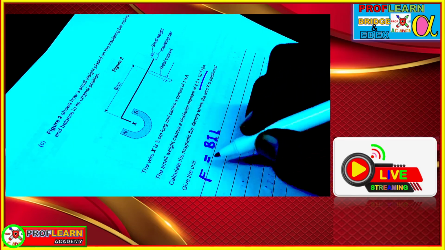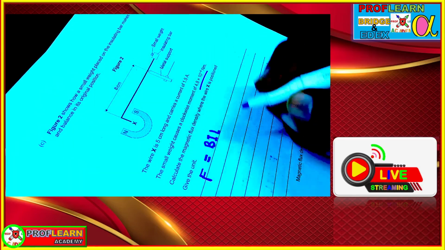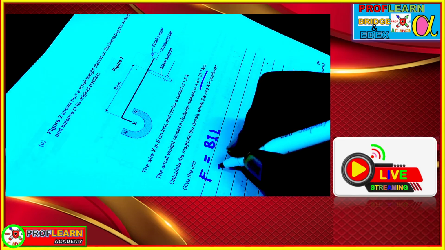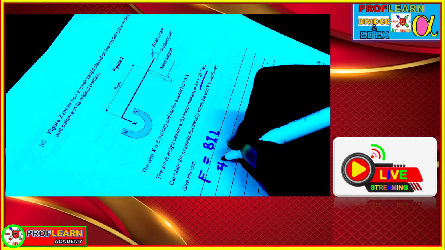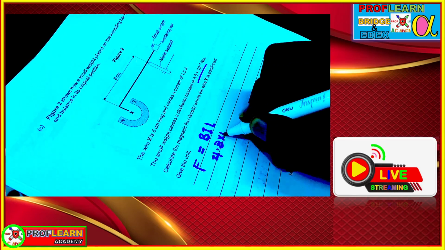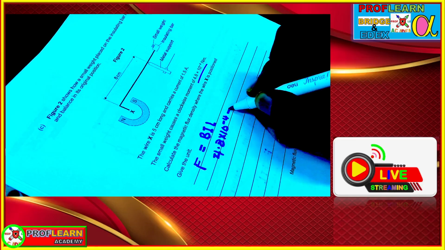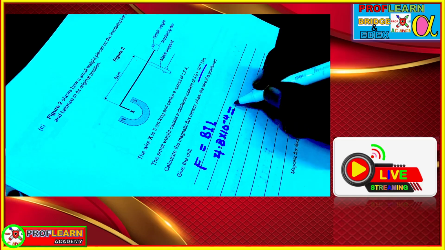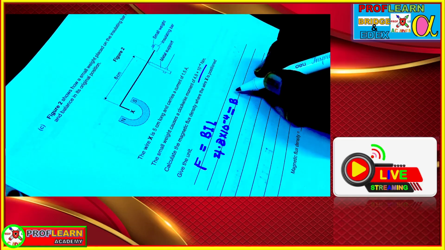So wire X is 5 centimeters long, so we are going to say this is 4.8 times 10 raised to power negative 4, is equal to the magnetic flux, which is the one that we are trying to find.